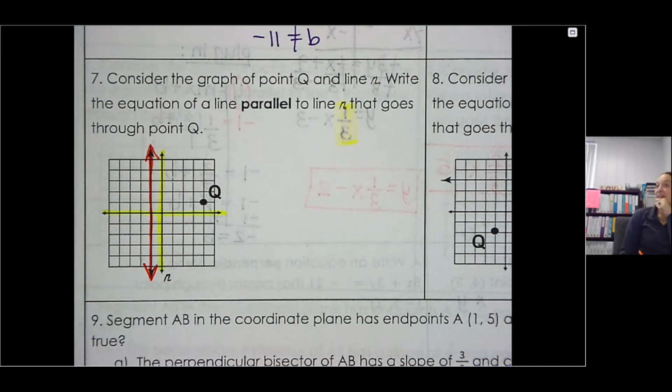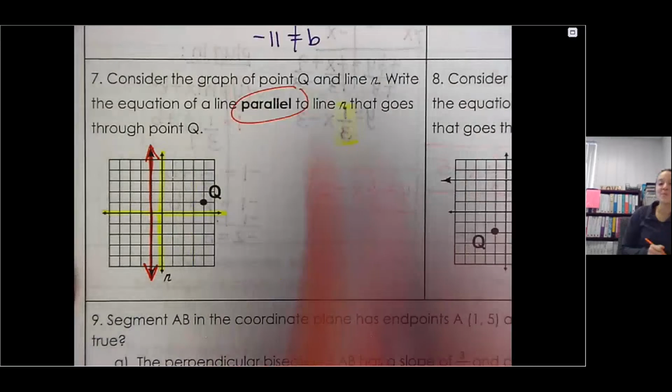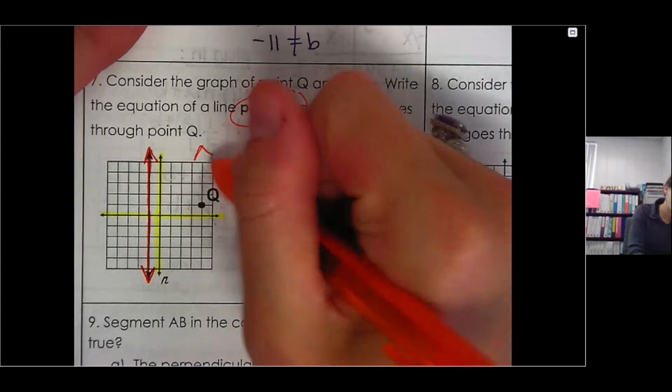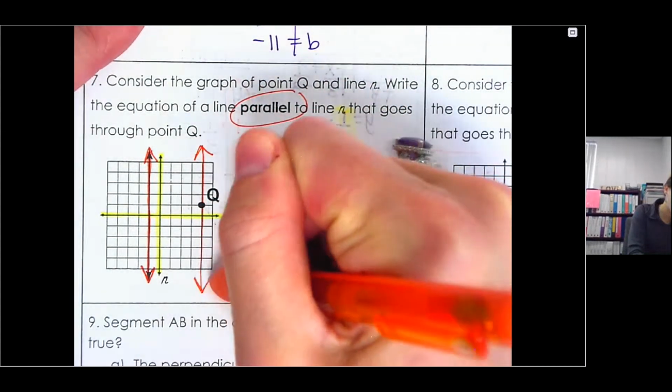So if I want a line that is parallel to this one, it should also be a vertical line. It needs to go through point Q. So this is your line right here that you want to write the equation of.